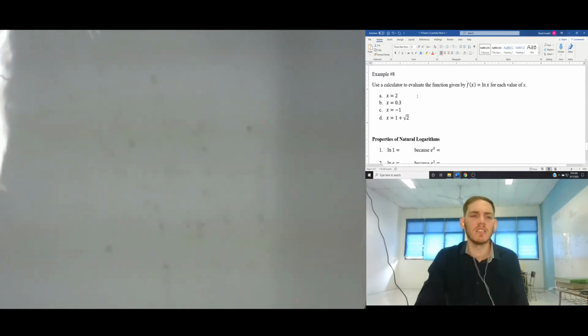Okay, use a calculator to calculate this. So you just plug in natural log of 2, and you'll solve it. Natural log of 0.3. What would this value be? This value would be 0.69472, and this one would be negative 1.2039.